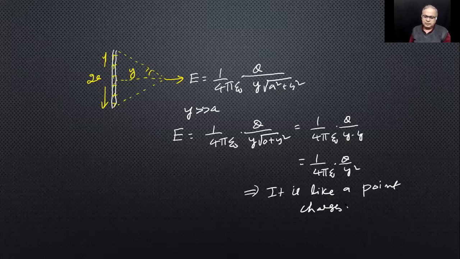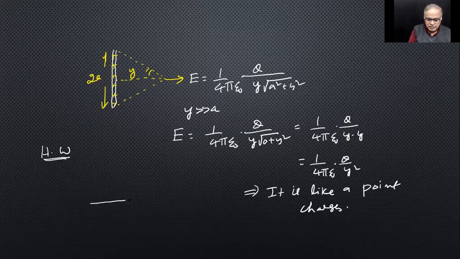Now, I'll give you a little homework. In fact, if you understood what I've told you, it's not so difficult. In the very beginning, I was asking a question, why only on the perpendicular bisector? Now, homework for you. I have a finite length of a line charge.